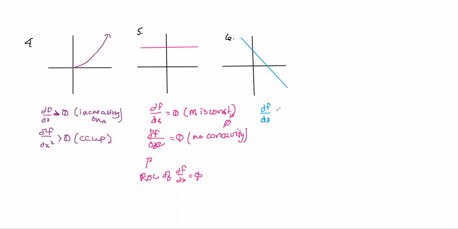Less than. Let's put a note down that m is constant, but it is negative. So we have this tangent line, but it's always the same negative slope. The rate of change of this function is always going to be the same. What does that say about our second derivative then?